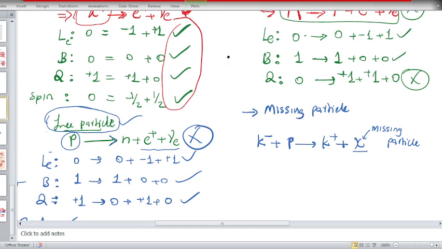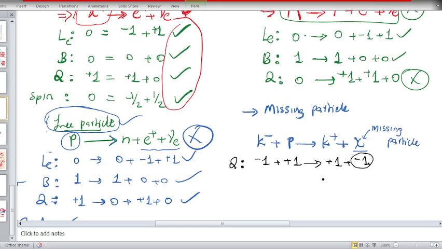The charge is conserved because the interaction is possible, as given in the question. So if you take Q, this one will be minus 1, this one is plus 1. Total charge on this side is 0, this side is plus 1. So the missing particle should have a charge of minus 1, then only the charge will be conserved.